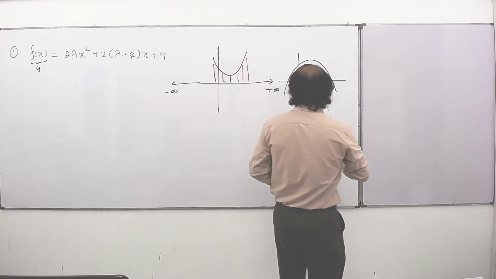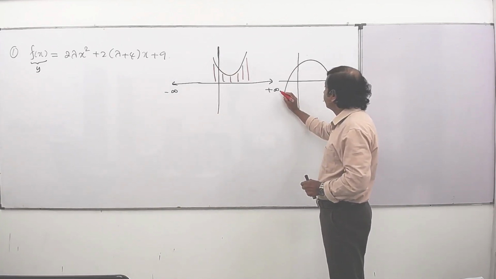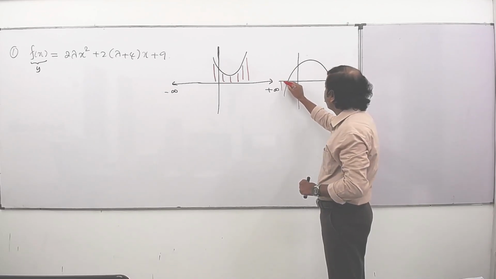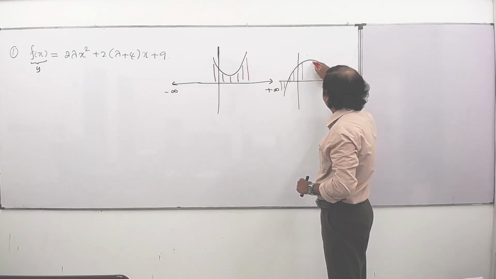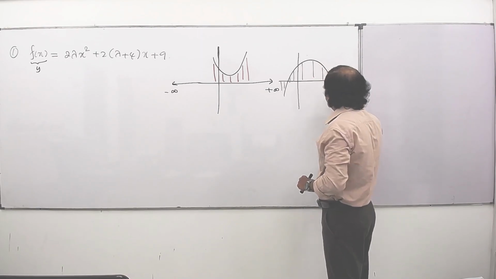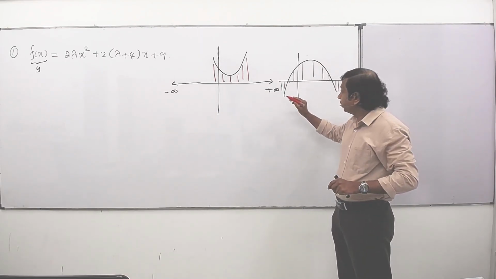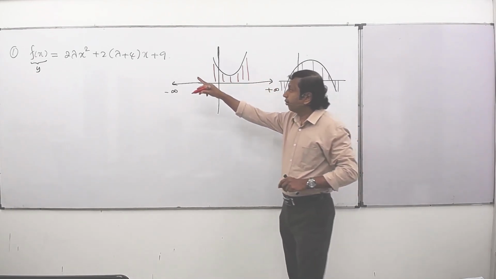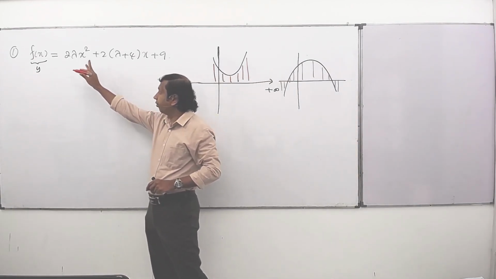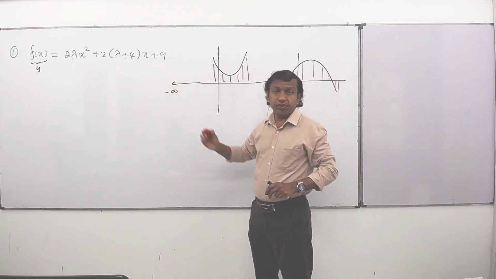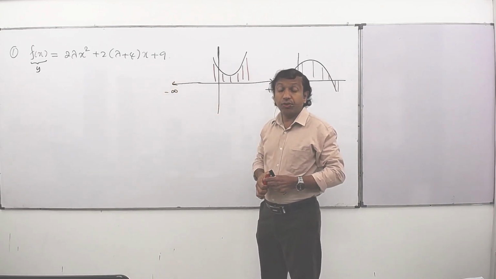Now if this graph represents a maximum graph, you can see the y coordinates do not all become positive. Some of the y coordinates are negative. So f(x) is the y coordinate of a quadratic graph, and it should always be positive for any value of x.